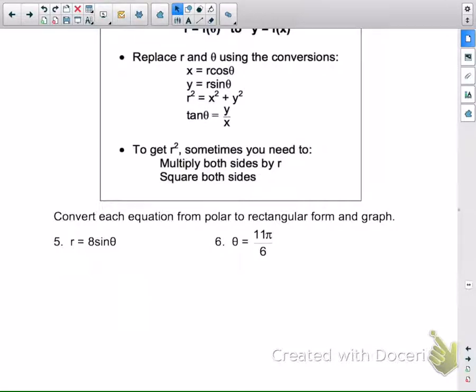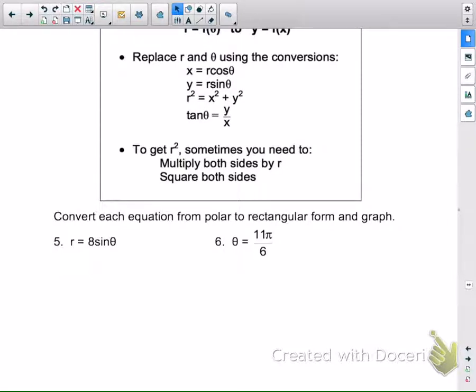Like, for example, on this one, do I have anything in those equations that I can switch out a single r for? No. Do I have anything that I can switch out a single sine for? Not a sine by itself. I need an r with a sine, right?